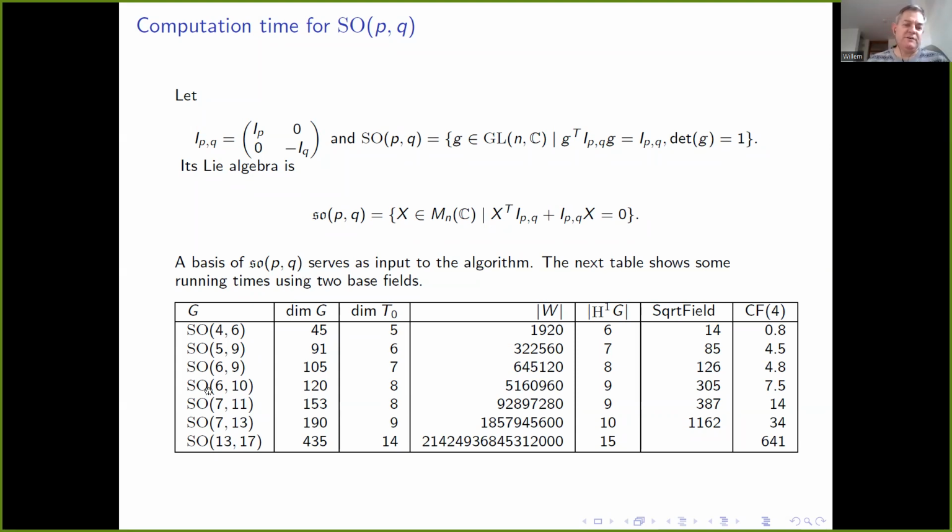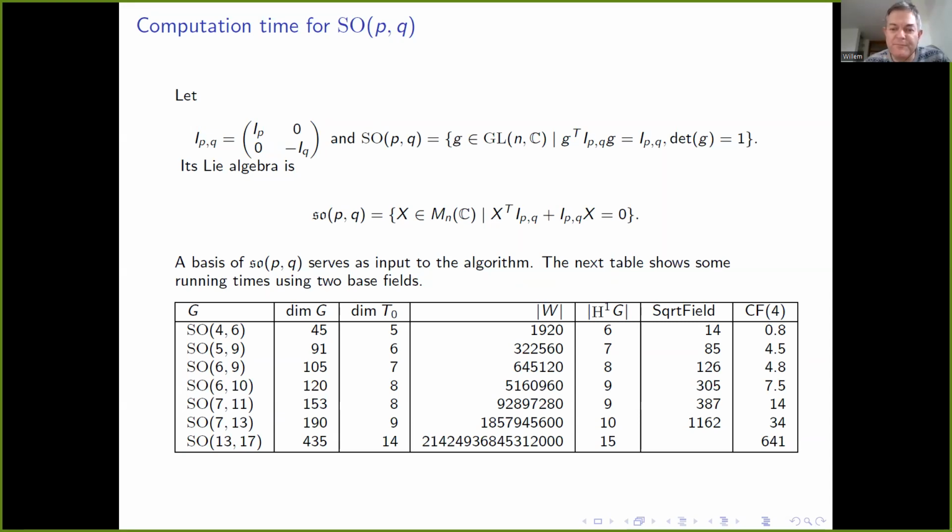So the first column are the input groups. These are the dimensions of the groups. This is the dimension of the torus T0. This was the maximal compact torus that played a role there. This is the order of the Weil group, which also played a role. I actually tried to replace that with the order of the Weil group W0.